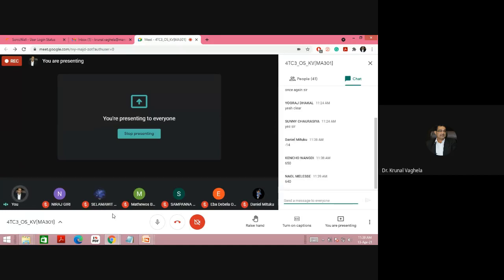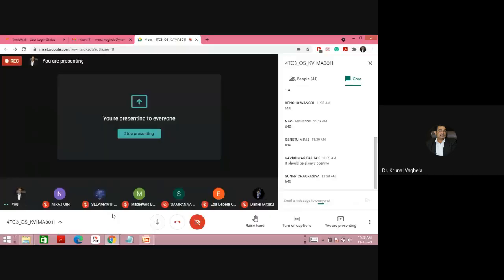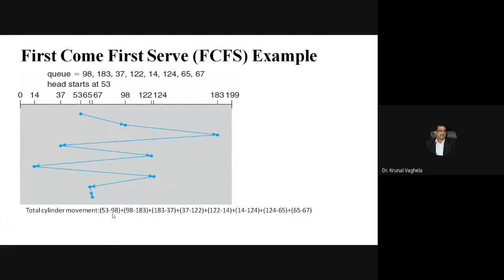It's just addition. It should always be positive; the exam answer cannot be negative. So the answer is 640.